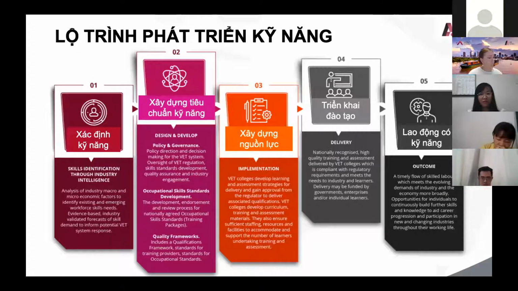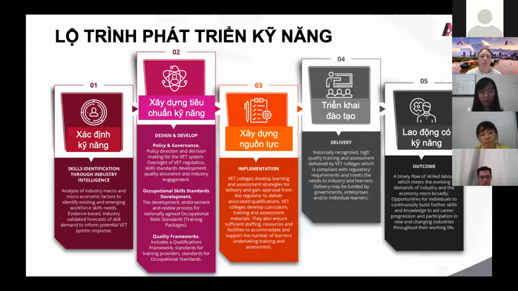I want to show you this chart now because I think this really does give you a sense of how this all fits together. The starting point is really a good industry intelligence system. Everything that flows from a good industry intelligence system gets us to the outcome where we have the matching of skills needs with skills demand.